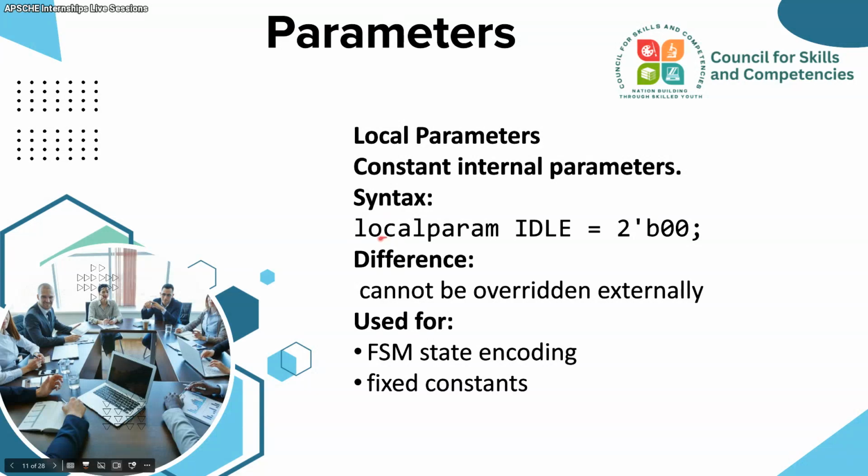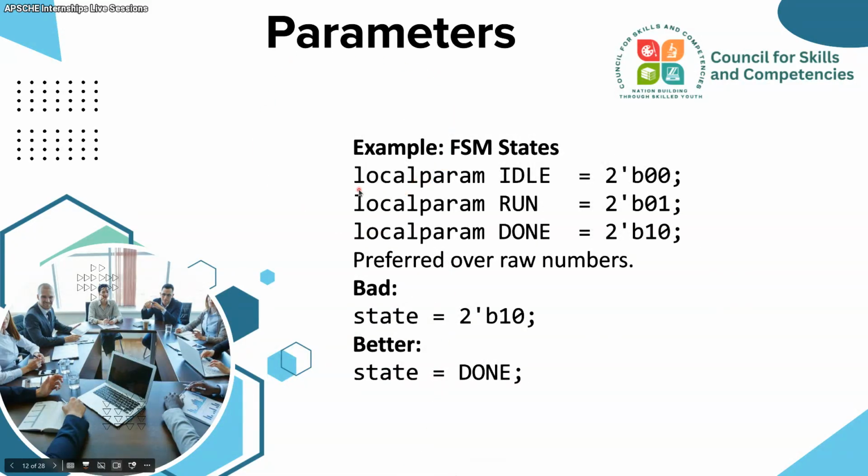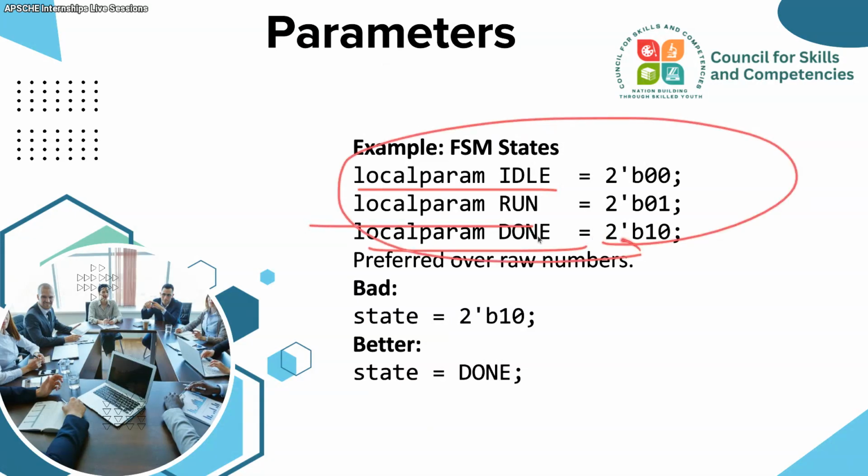If you define a local parameter, we cannot override it. It is used for FSM state encoding and fixed constants. In all these things, you can use it. For local param, you write local param idle, local param run, and create them.